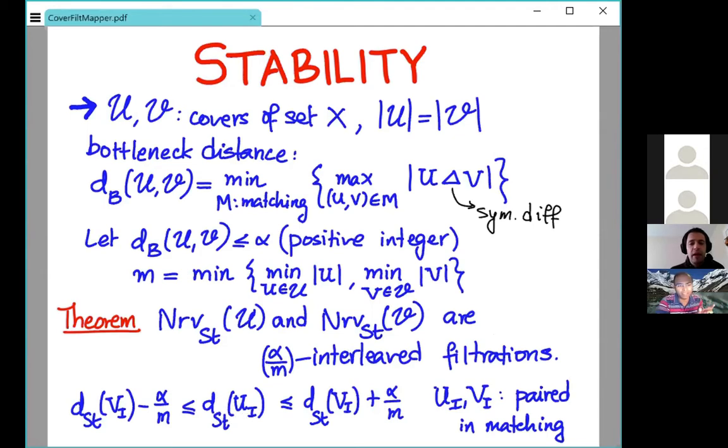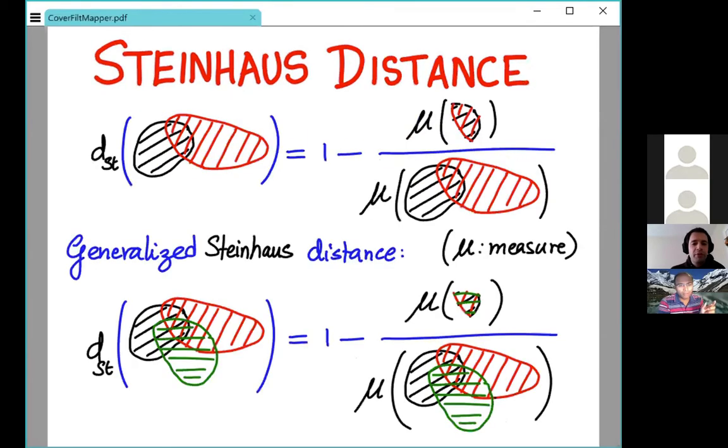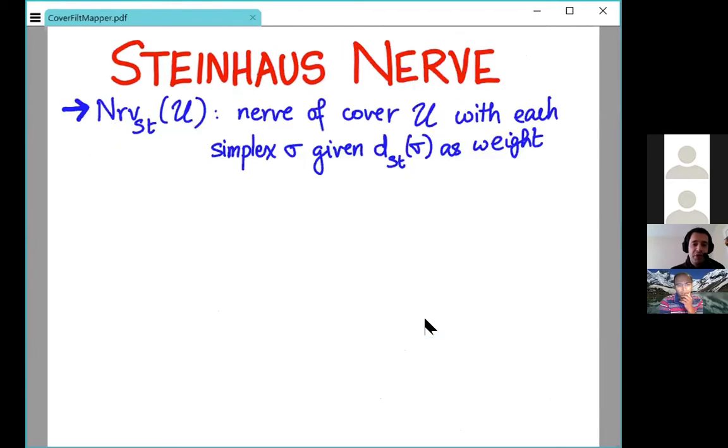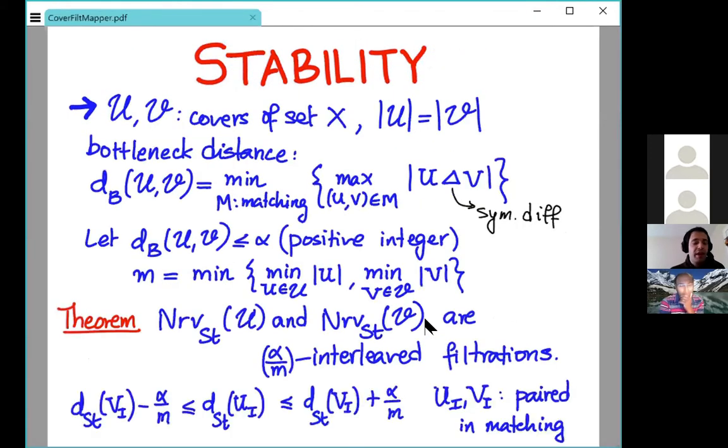The DST is defined that way. So you're saying in the bottleneck distance parameter that measures the symmetric difference, the size, so we are connecting the size of the sets to the measure also. Okay, so that's constant regardless of which measure you're using. Sure. Okay, that's great. Thank you. Exactly.